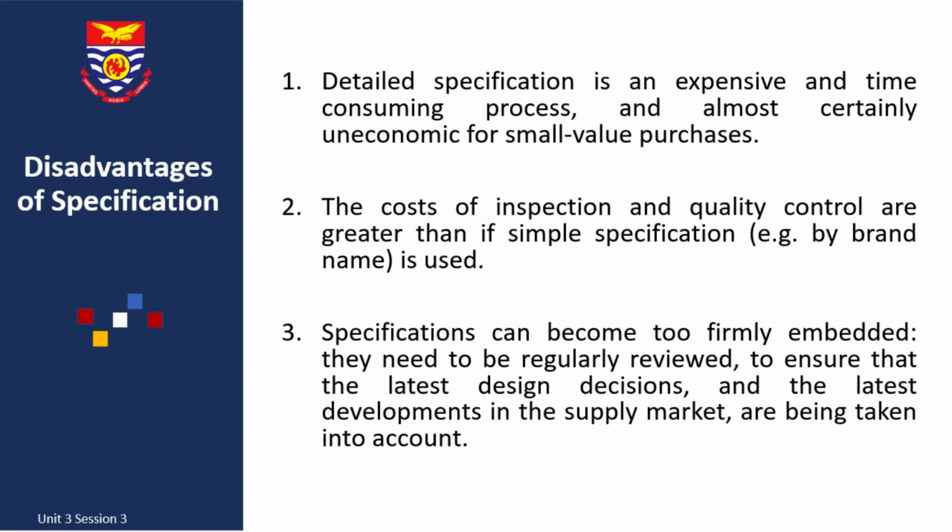Now we move to some disadvantages of specification. Detailed specification is an expensive and time-consuming process and almost certainly uneconomic for small value purchases. A lot of money will go into the whole process. We have to survey the market, conduct market research, involve suppliers and all that, which involves cost, right?